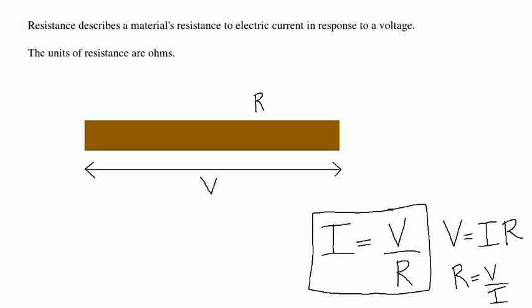So that means that there's going to be a change in electric potential energy. Actually, as a charged object moves through a piece of material with resistance, it'll lose electric potential energy. Why is that? Well, it takes energy to move through something that's resisting you.